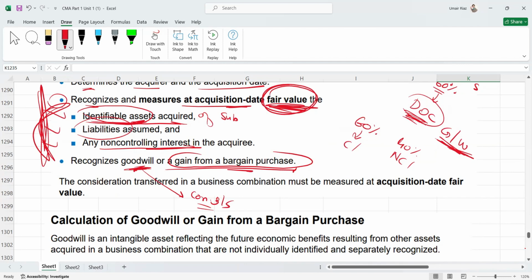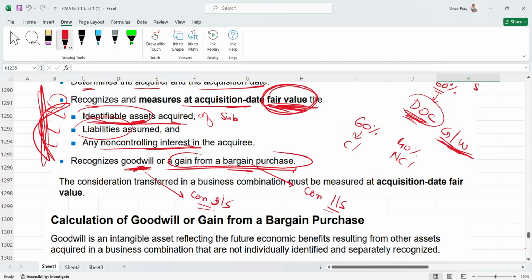If the result is a gain from bargain purchase, please remember this figure will be presented in the consolidated income statement. Goodwill will go to the consolidated balance sheet, also called the statement of financial position, and if it is a gain from the bargain purchase, it will go to the consolidated income statement.